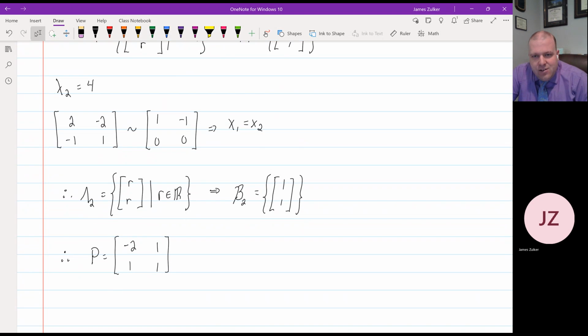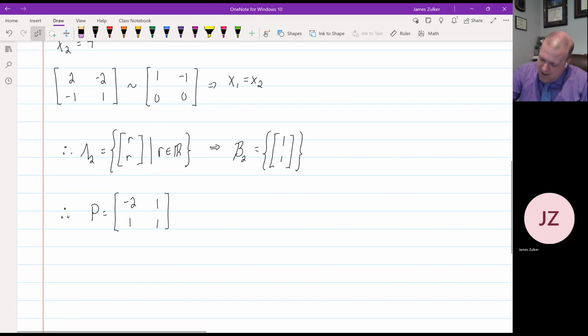Basis element of the second eigenvalue, made that the second column. So that is our P. Our D would then be the matrix 1, 0 and 0, 4. It's just the diagonal matrix where the elements on the diagonal are the eigenvalues.